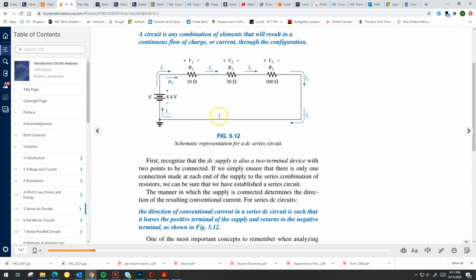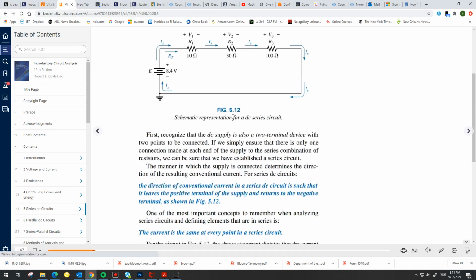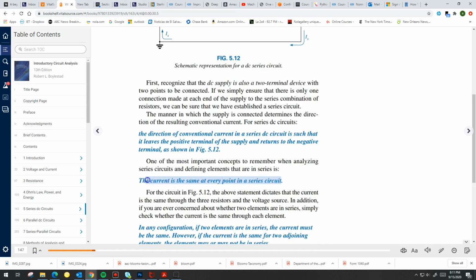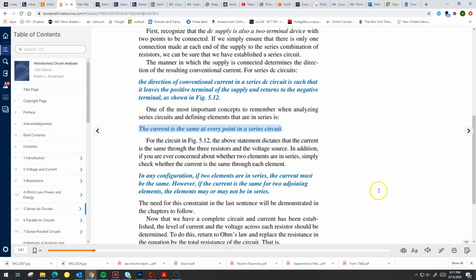Even if I measure the current going through this wire, it's just the same current. The current doesn't change, ideally, assuming these connections are ideal. So in a series connected circuit, the current is the same at every point in the series circuit. It's a very important rule. Remember that. The current is the same at every point.